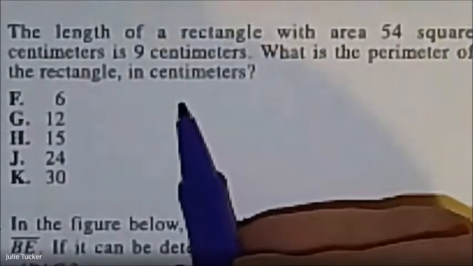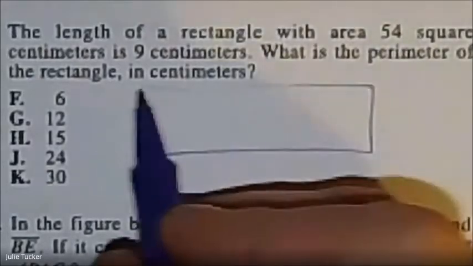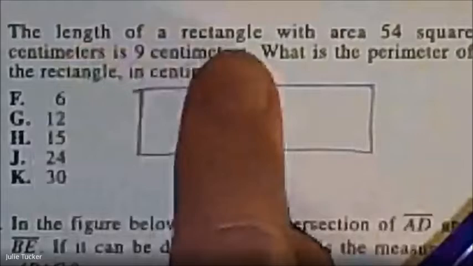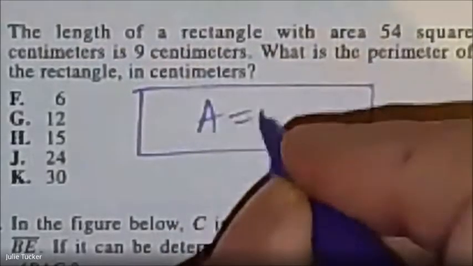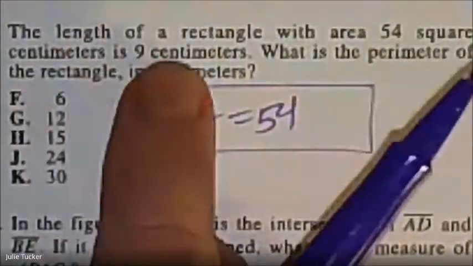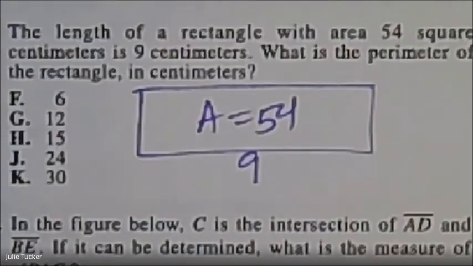So here, I'm going to draw a rectangle. It says the area is 54. The length is 9. But they didn't tell you the width. That's weird. They must think that you can figure it out.